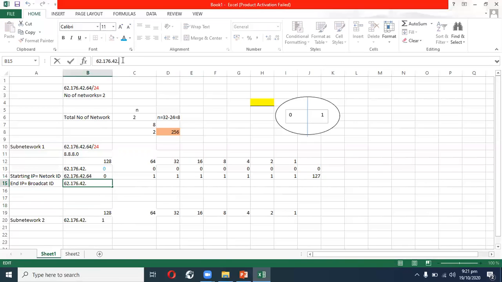We'll put here 127. And the end IP is also known as the broadcast ID. So our starting ID for this network is 0.